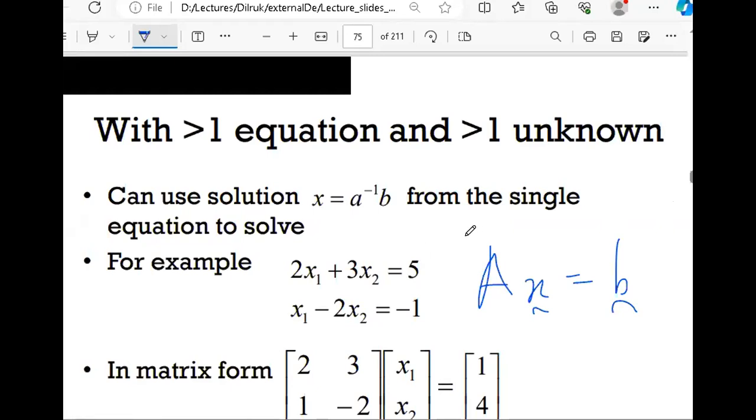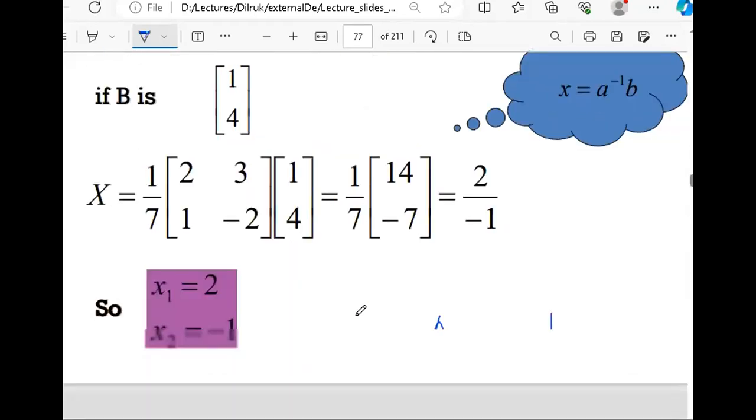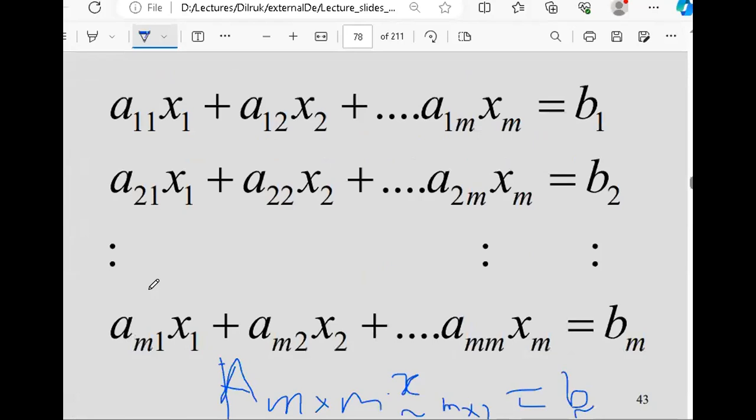The solutions to this system depend on the coefficient matrix and the right hand side. If you have a full rank matrix, that means a non-singular matrix, this kind of system has a unique solution.